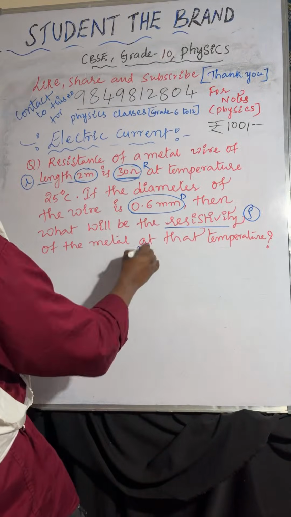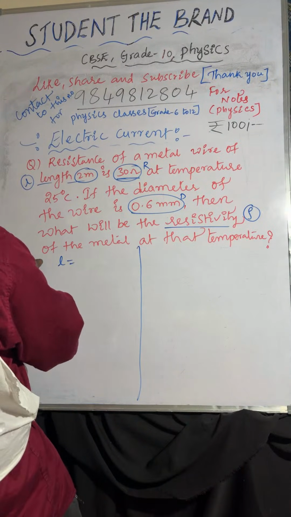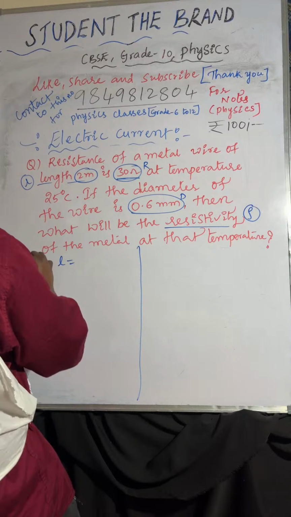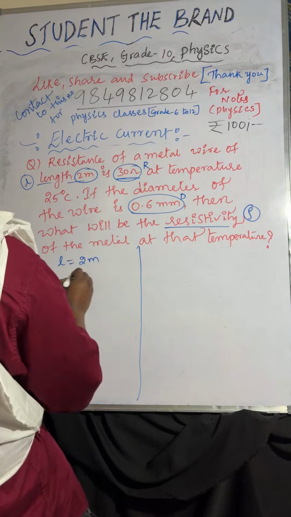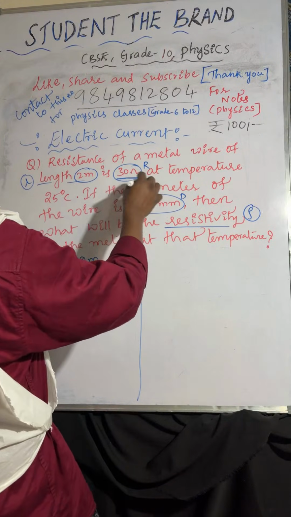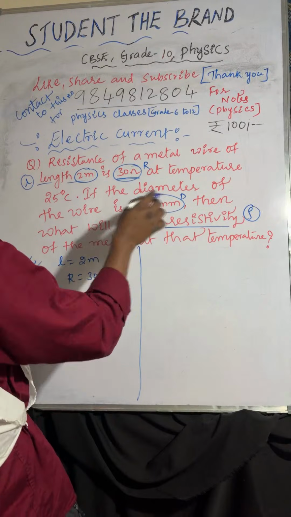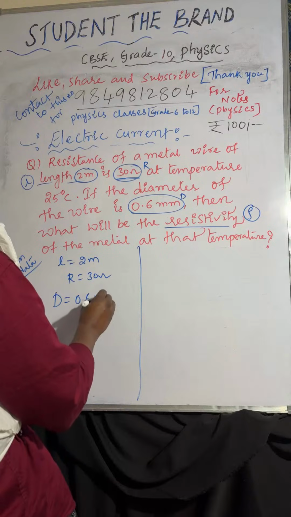So here, first you have to write the given data. L equal to 2 meter and resistance is 30 ohm, and diameter is given 0.6 mm.